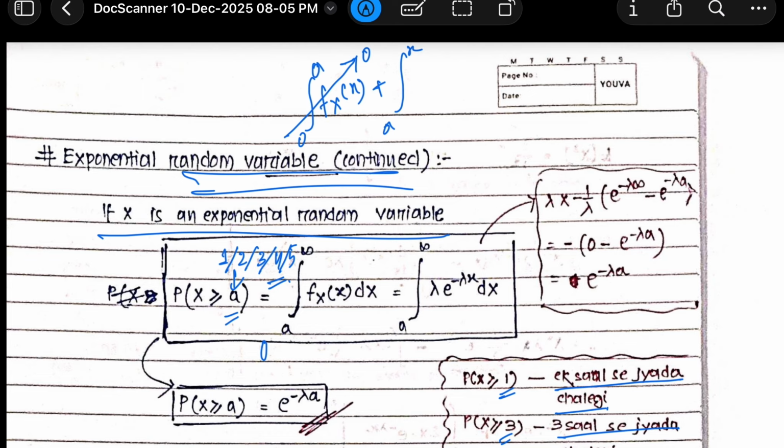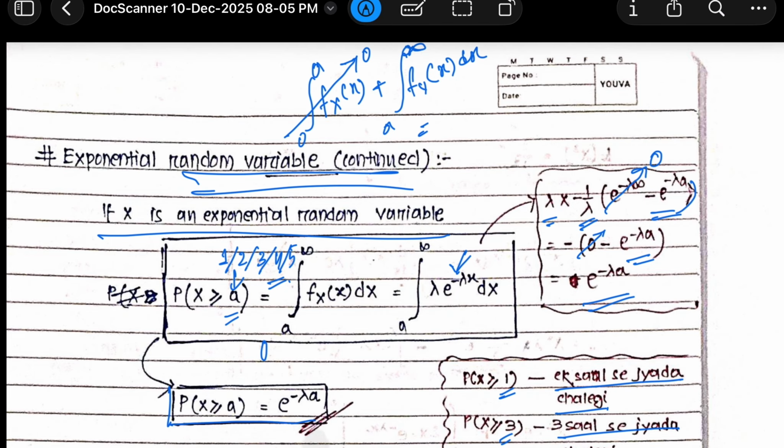It will work from a to infinity f of x dx. So putting the value like this, then solving it. Lambda taken out, lambda times a, this value 0, this value gives e to the power minus lambda a.